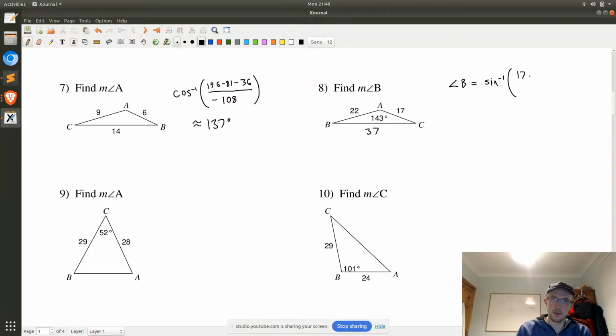Okay, so over 37, or rather over the answer. So 16.1 degrees to the nearest tenth.